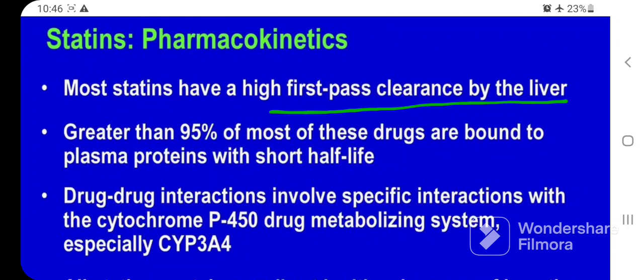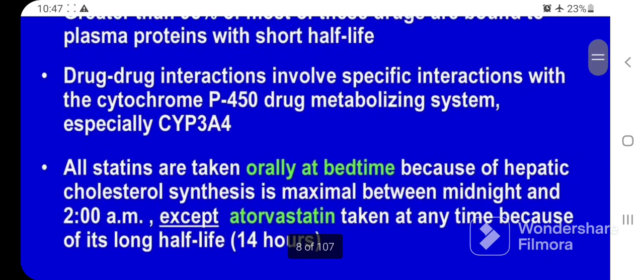Greater than 95% of these drugs are bound to plasma proteins, with short half-lives. Drug-drug interactions involve the cytochrome P450 drug metabolism system, especially CYP3A4. If a drug interacts with cytochrome P450, this leads to drug interactions. Either they will increase the effect of the statins or they will decrease it.